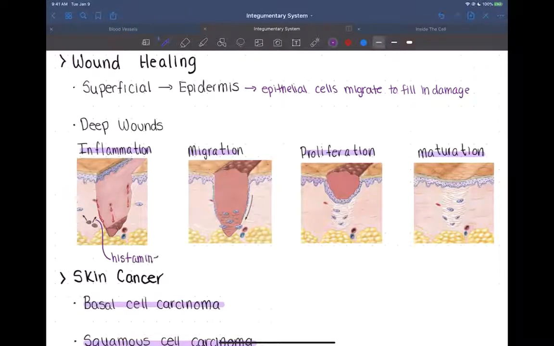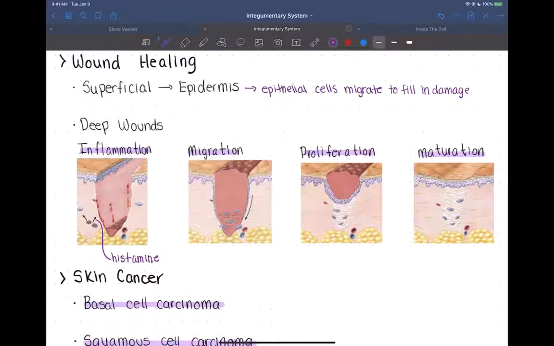That's going to cause inflammation. Inflammation, remember, you have redness, you have swelling, you have heat, all right? And so all of that is going to start attracting all of the other cells we need in order to repair that tissue, okay? So then that leads us into our second stage, which is migration, okay?